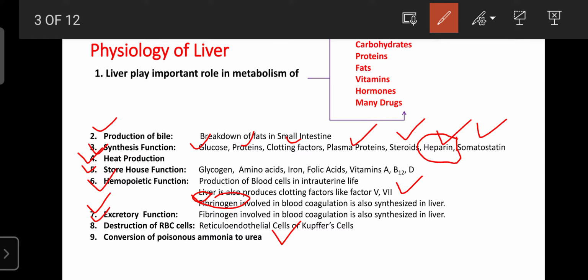But due to the presence of the liver, that toxic ammonia can be converted into urea. That's why our body will be free from ammonia intoxication if our liver is healthy. So these are the various physiological functions of our body that mainly depend upon the condition of the liver.